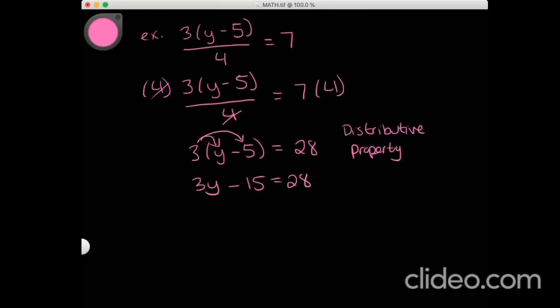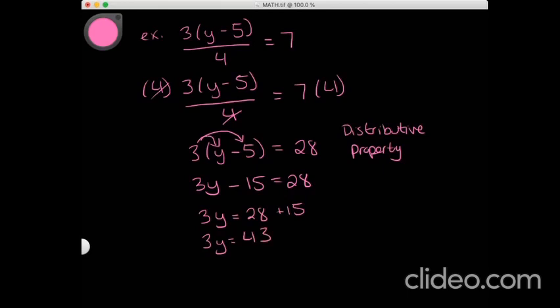Remember that we want to isolate our variable, and our variable in this question is y. So I'm going to leave the 3y on this side, but I'm going to move the negative 15 to the other side. So negative 15 on this side becomes a positive 15 on the other side. So I have 3y equals 28 plus 15. Now 28 plus 15 is 43. So I have 3y equals 43.